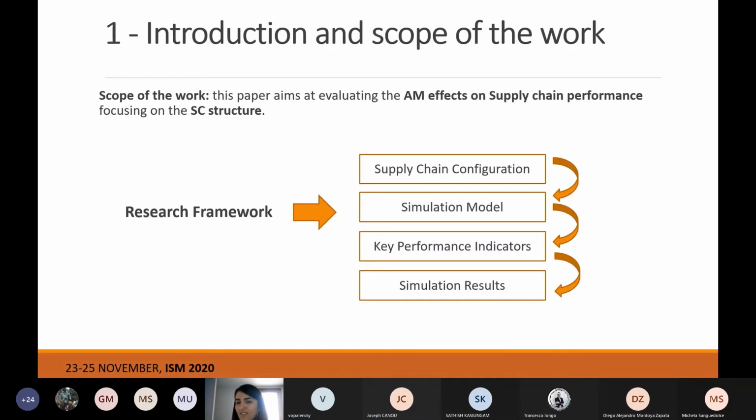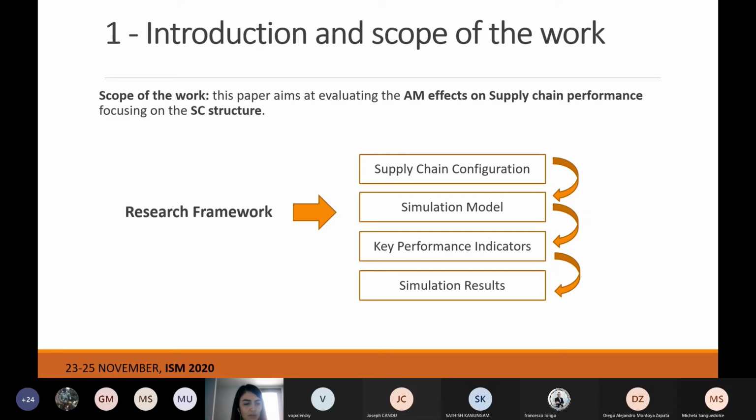For this reason, the aim of this research is to evaluate and measure the effect of additive manufacturing on supply chain performance, focusing on the supply chain structure and considering different configurations. Different configurations have been modeled and tested in order to understand the performance of the supply chain.